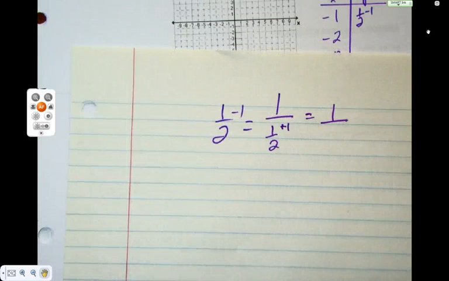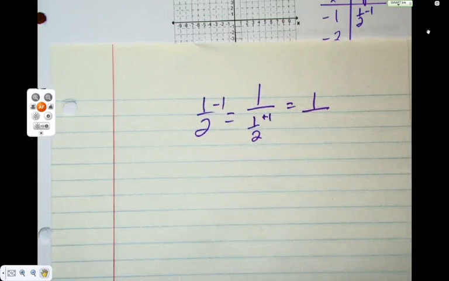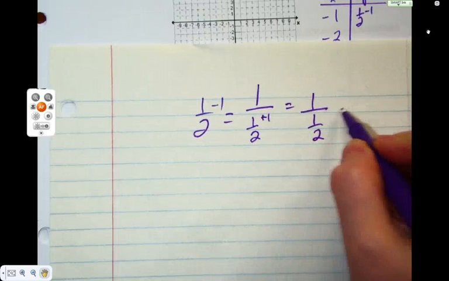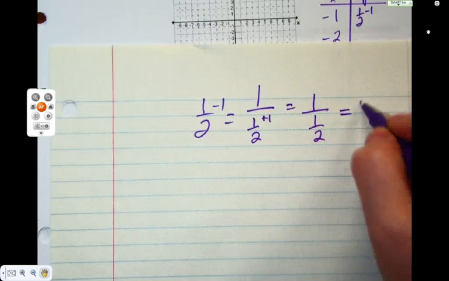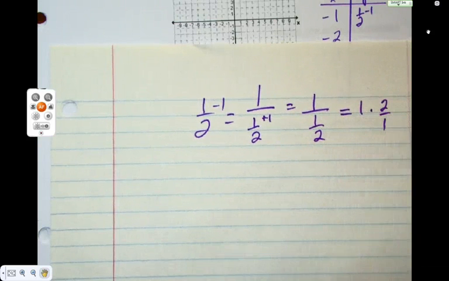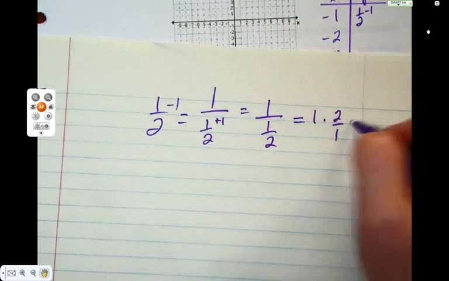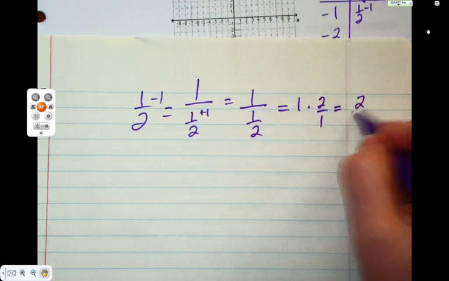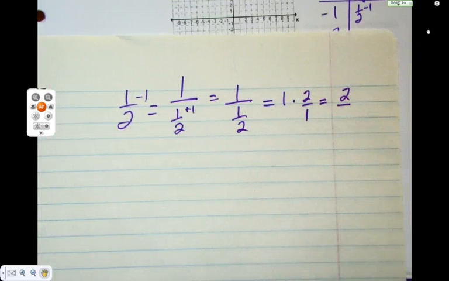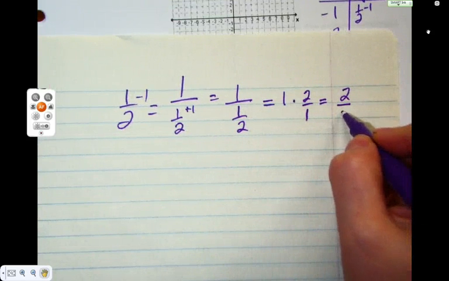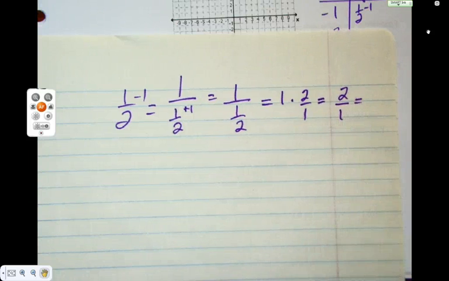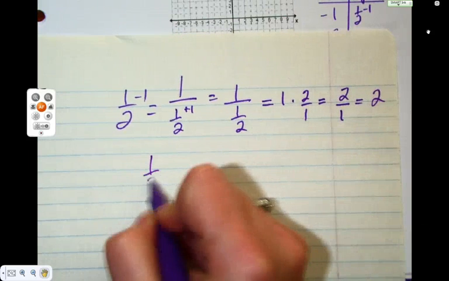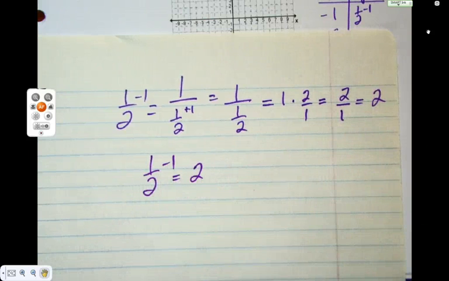What's anything to the exponent of 1? Itself. And how do we divide fractions? Multiply by the reciprocal, which would be 2 over 1. So 1 times 2, and on the bottom, imaginary 1 times 1. I'm just showing you where it's coming from. All of this turns out to be 2. So a half to the negative 1 equals 2.